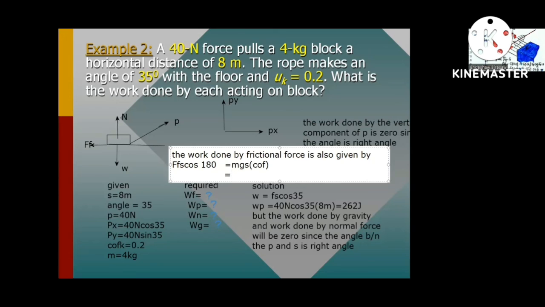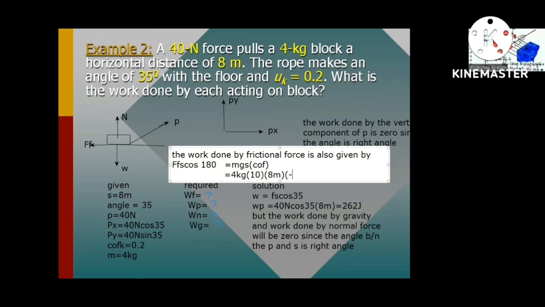This is equal to mg, which is 4 kilogram times 10 meter per second squared, times the displacement 8 meters, times cos 180, which is minus 1.